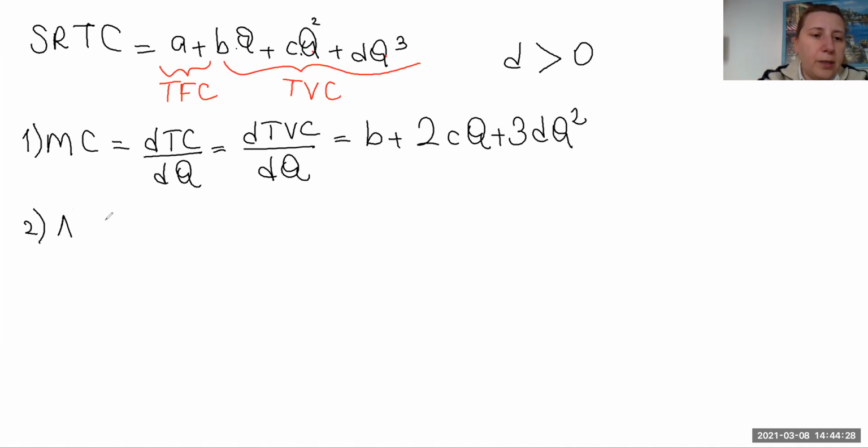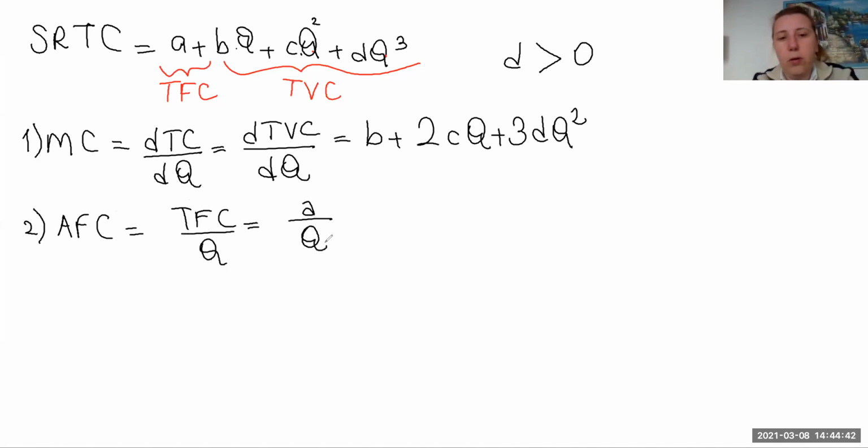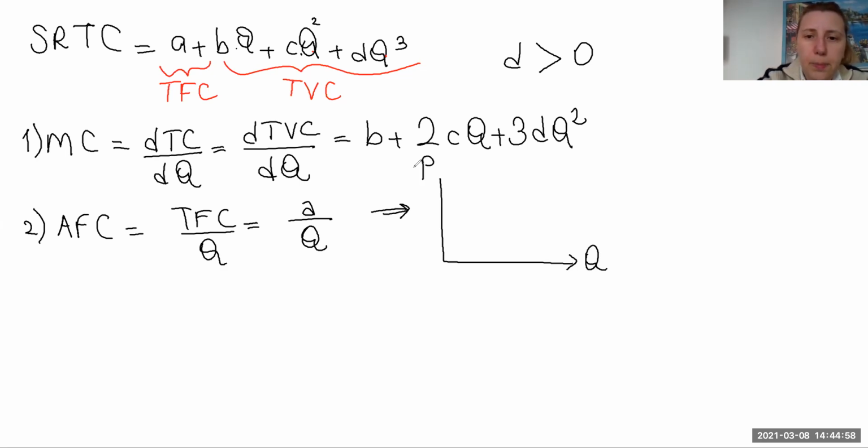What about average fixed cost? It is total fixed cost over Q, right? It's A over Q. So what's the shape of the average fixed cost? Is it linear, do you think? Total fixed cost was horizontal, parallel to the horizontal axis.